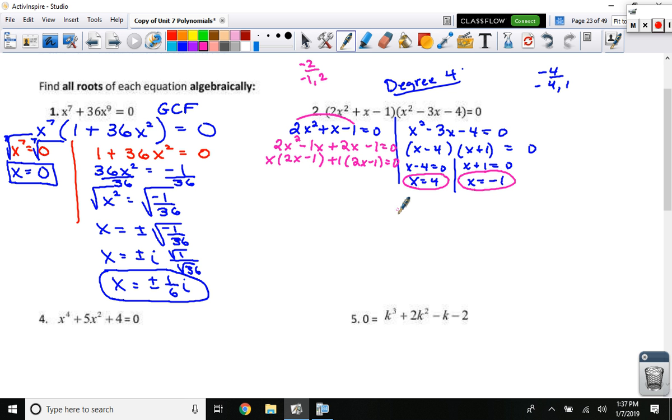Do not leave it like this. You got to finish before you start breaking it down. So this factors into what? One more GCF. X plus 1 times 2x minus 1. Still equals 0, and now I can solve. X plus 1 equals 0, so x is equal to -1. 2x minus 1 equals 0. X equals 1/2.